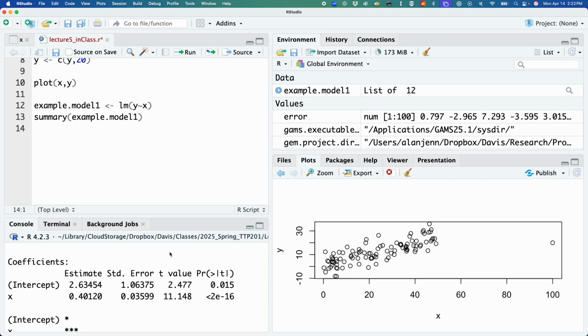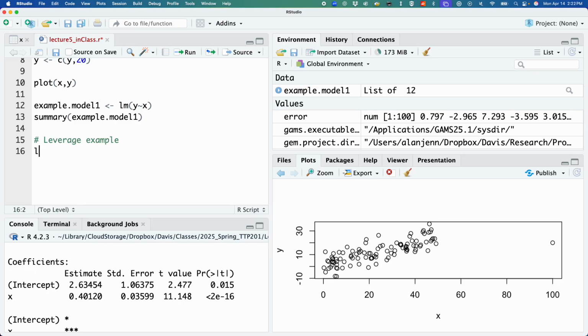So instead of a line going like this, we now have a line that goes like this a little bit to accommodate the fact that there's this point all the way out there. Okay, so hopefully nothing too surprising or unusual. And again, we're focused on identifying the outlier right now. We're not going to talk about what to do about outliers.